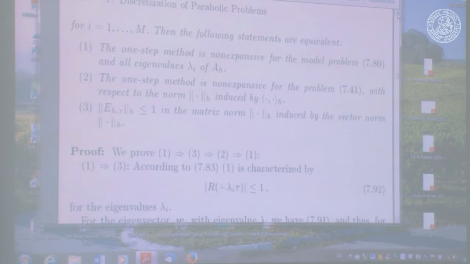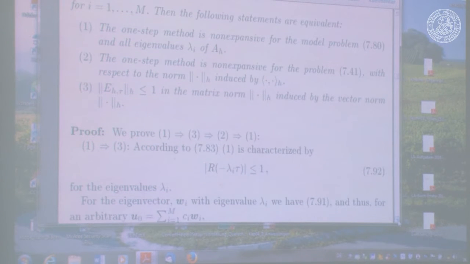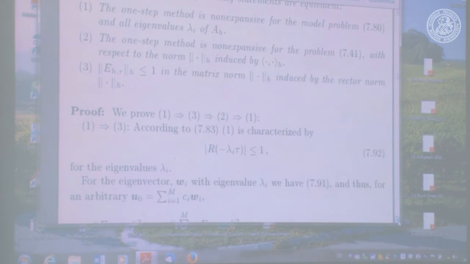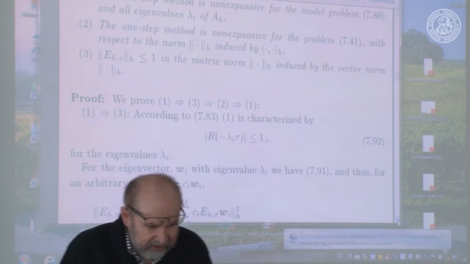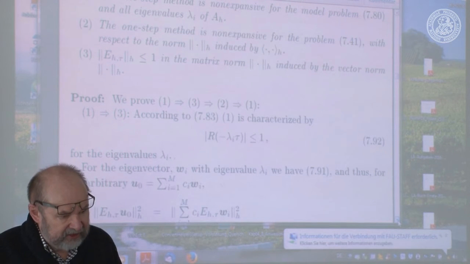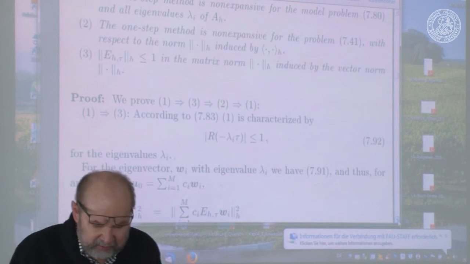Okay, here we can see again the assertions, and we prove in the direction 1, from 1 we conclude 3, from 3, 2, and from 3, 1. So, okay, let's start. The first assertion, we start from the assertion that the one-step method is non-expansive.